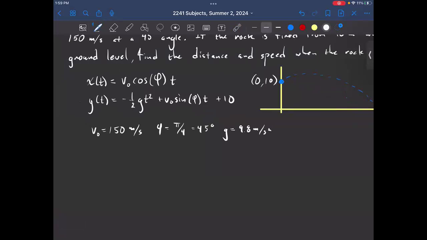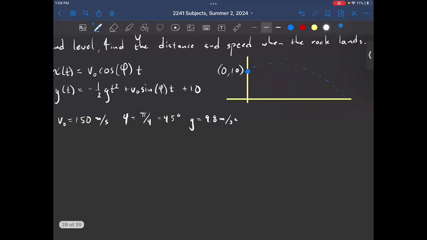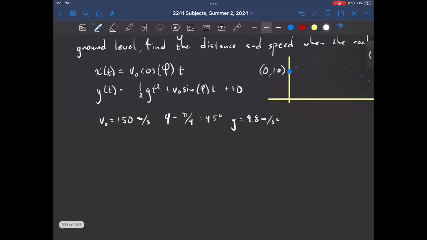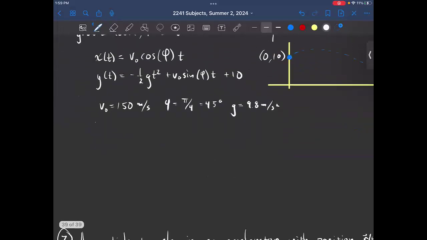Okay, so we're almost there. Now, impact, when does the rock hit the ground? Again, when y equals 0. So the rock hits when y equals 0 yet again.